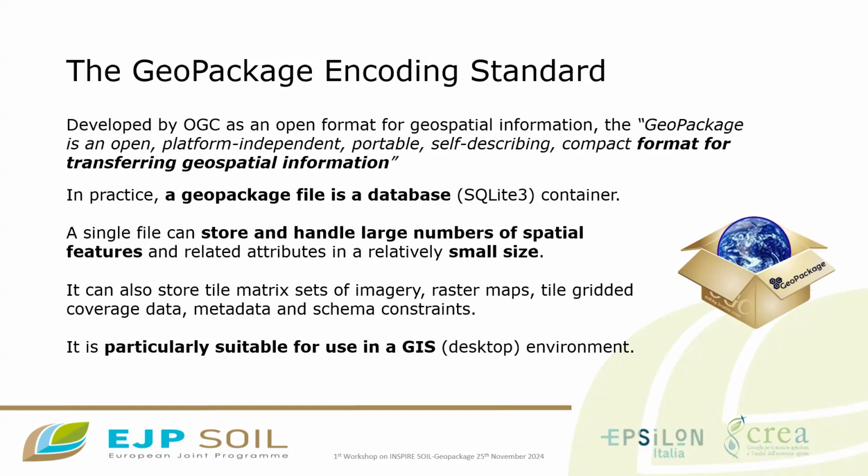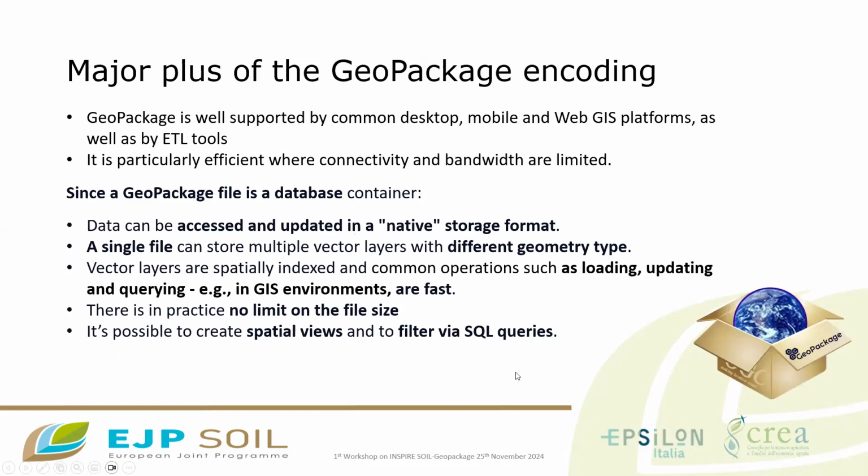It is particularly suitable for use in the GIS desktop environment. The major plus of the GeoPackage encoding is that it is well supported by common desktop, mobile, and WebGIS platforms, as well as by ETL tools. It is particularly efficient when connectivity and bandwidth are limited.